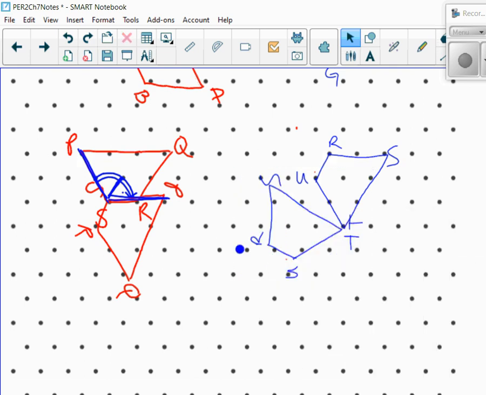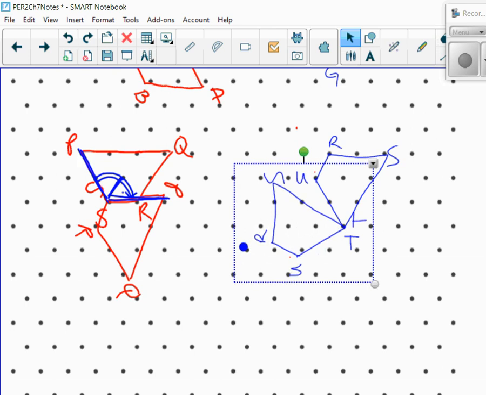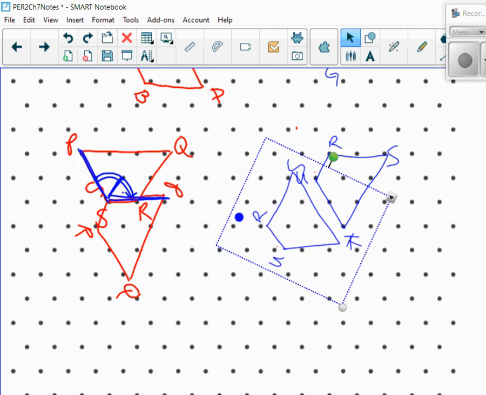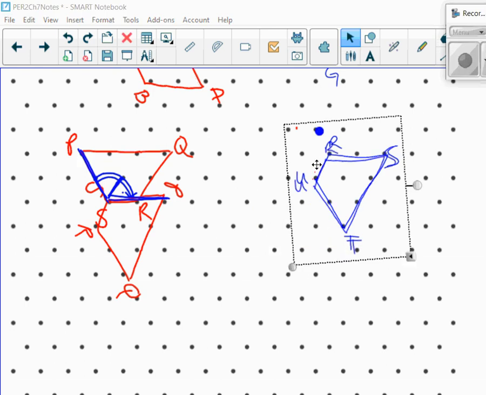Anyways, do you see my TS should be, I moved it right there. Let's try that again. All right, I'm using my mouse this time. I'm having so much trouble here.